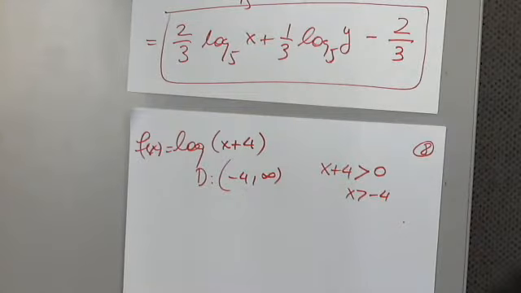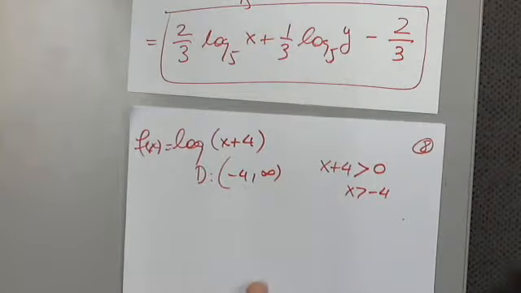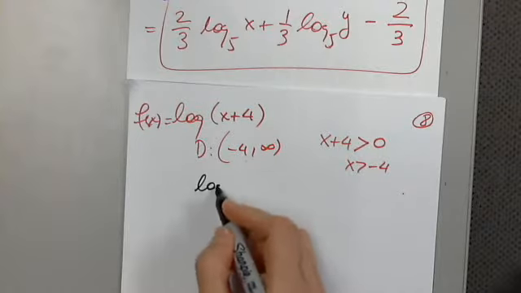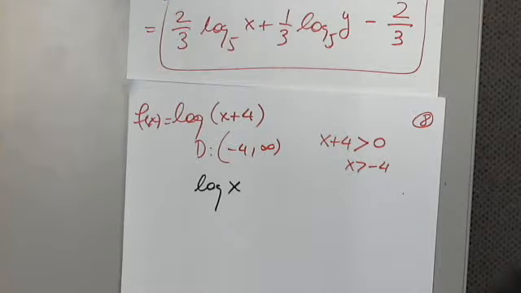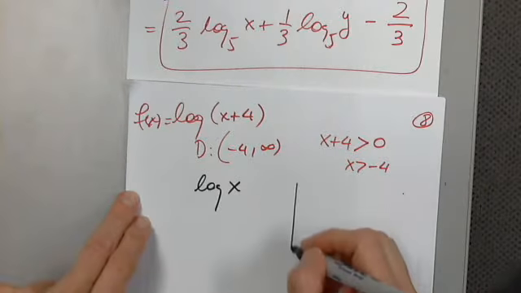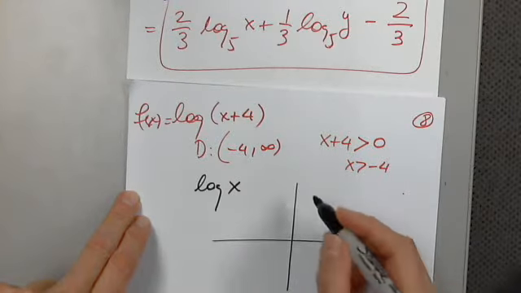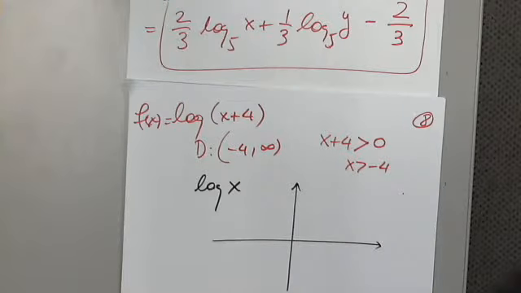What is the base function here? Very good. Common log, base 10 in other words, log base 10 of x or common log x. Is it an increasing function or a decreasing function on all its domain?